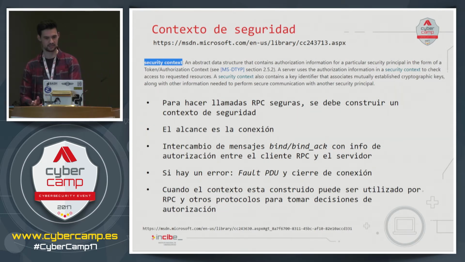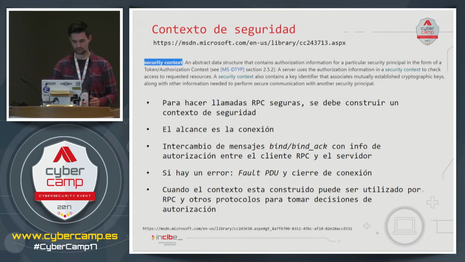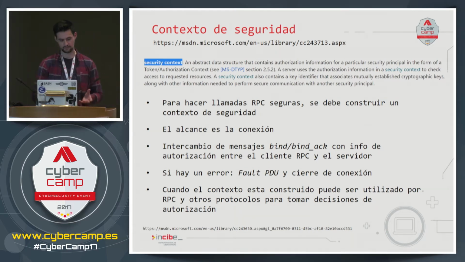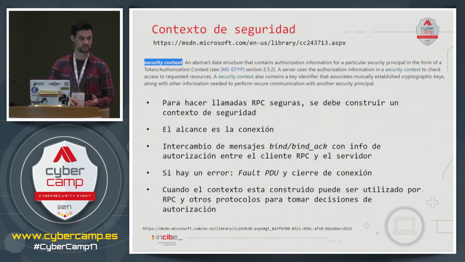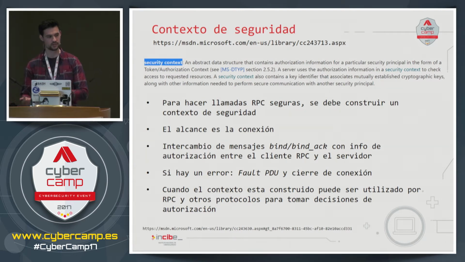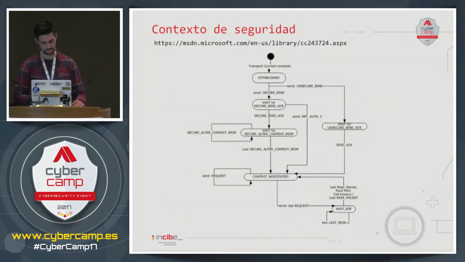You can send a fault packet from both sides, i.e. server to client or client to server. They can both send a fault PDU. When this context is set up, you can start using other protocols above that to make authorization decisions, for example, to see whether this client has access to certain resources.